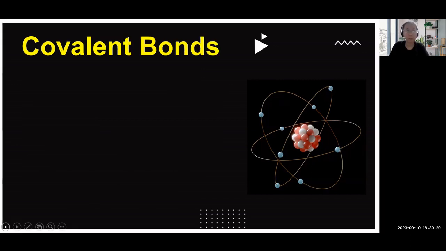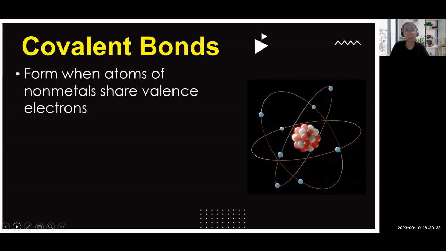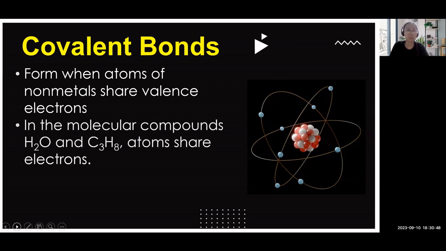When we talk about covalent bonds, these occur whenever you have atoms of both nonmetals. A while ago, when we said ionic bonds, that's between a metal and a nonmetal, but covalent bonds happen between two nonmetals. For example, we have water, which is H2O.